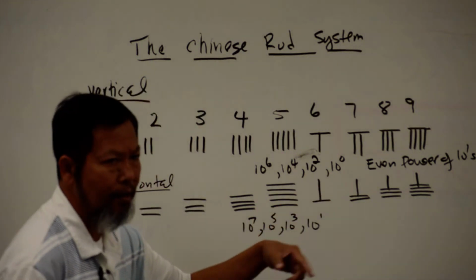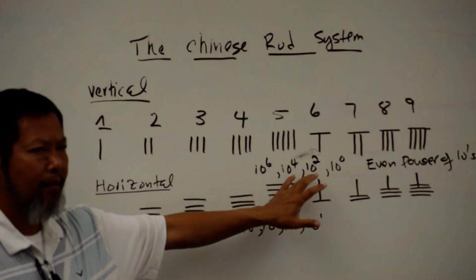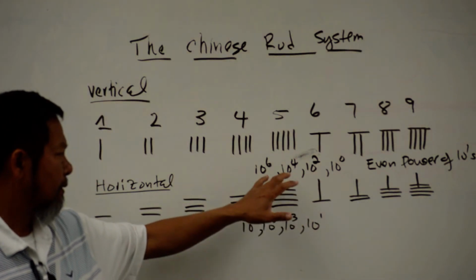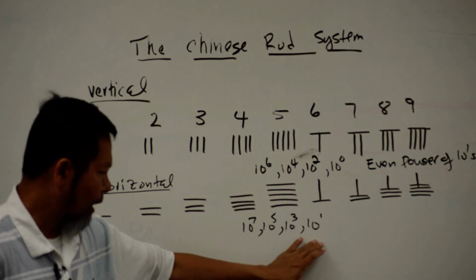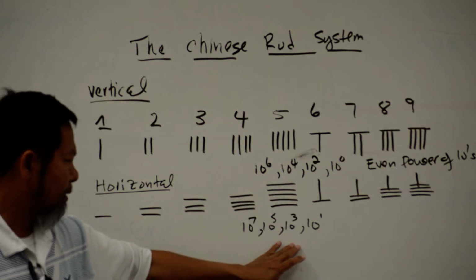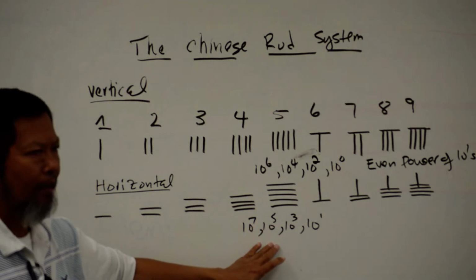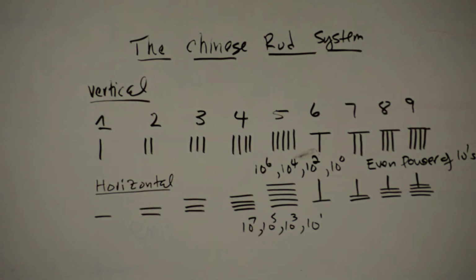So 10 to the first is the 10 place, 10 to the third is the 1,000 place, then the 100,000 place, the 10 million place. Okay, you want to write it in terms of place value.